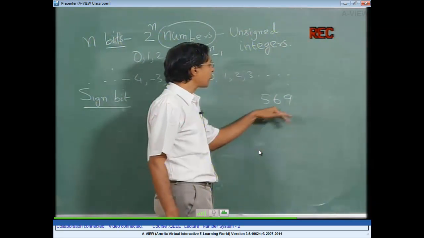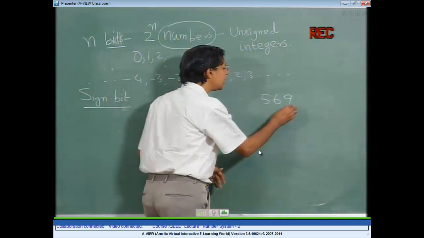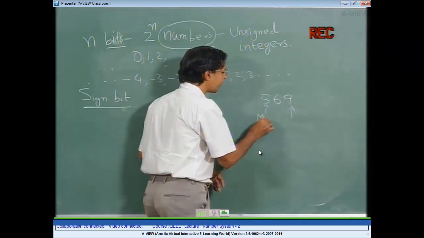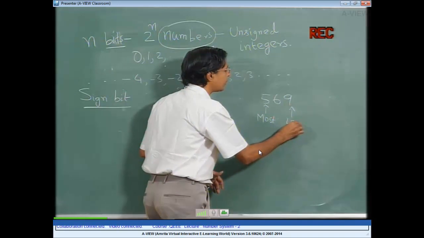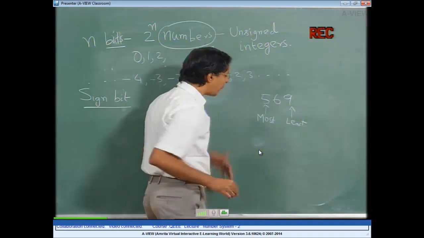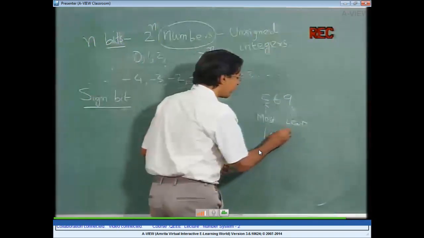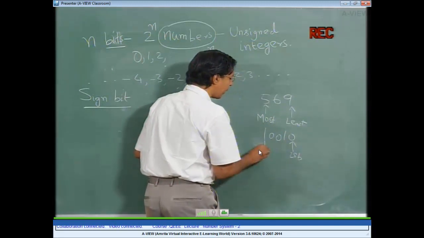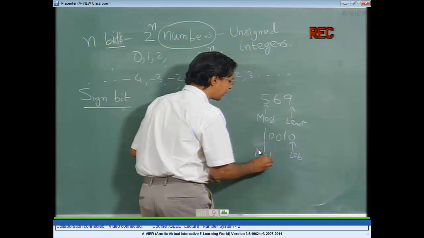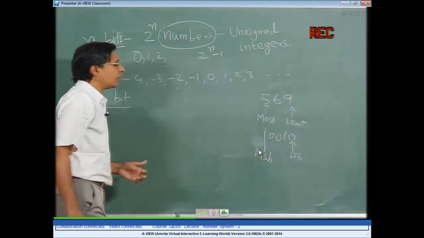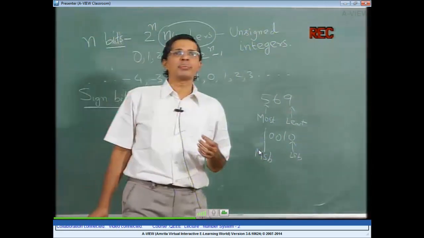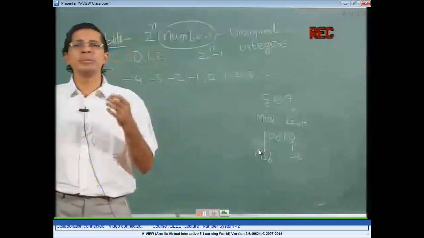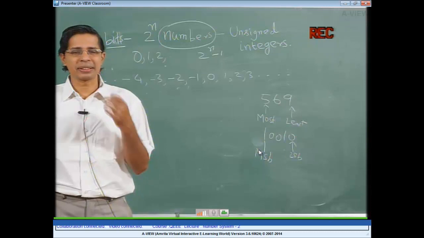In a positional representation, this is the least significant digit and this is the most significant digit. Similarly, in a binary representation, say let us take 5 bits, this is the least significant bit and this is the most significant bit. The obvious choice for representing the sign bit would be the most significant bit.